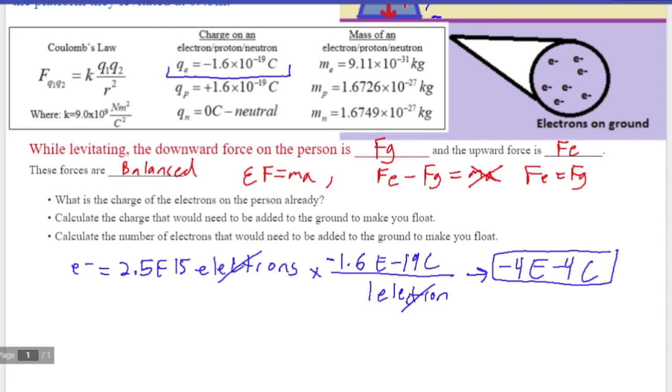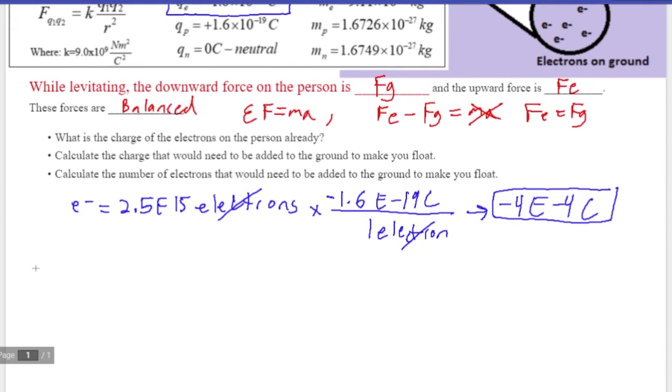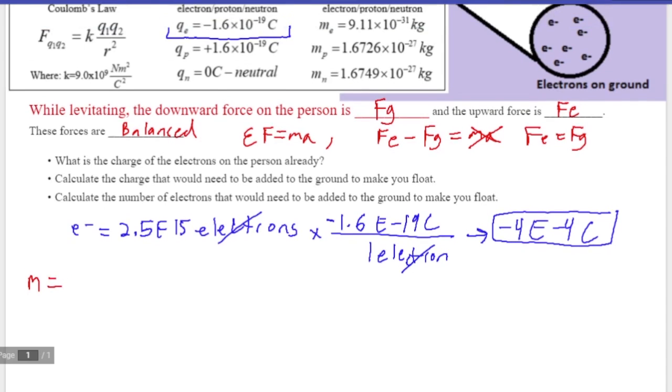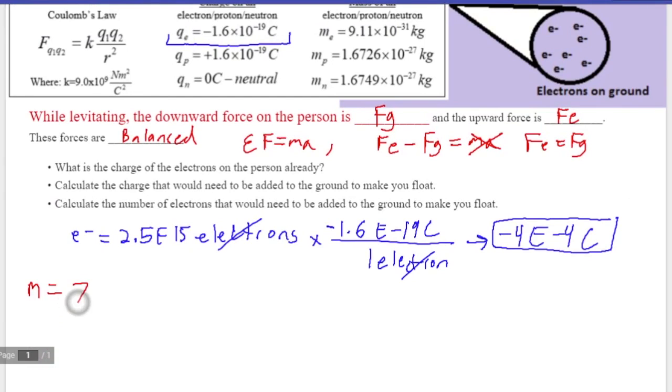Next question says, calculate the charge that would be needed in order for this person to float. Well, before we do that, let's go ahead and list all of the information that we have. We know the mass of the person, and the mass of this person, it said in our problem, is 70 kilograms. We also know the distance, and that distance is 0.45 meters.